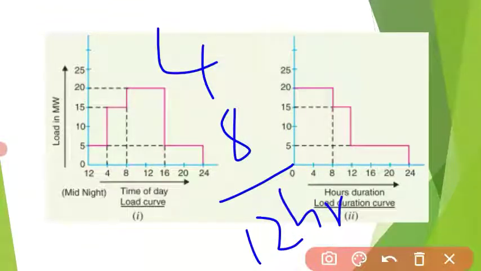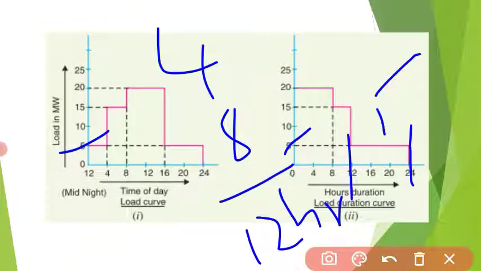So for 12 hours, what load is it? The load is 5 megawatt. So in this load duration curve, 5 megawatt will be from 12 to 24 hours. How many hours does it become? It becomes 12 hours. Clear? Okay.